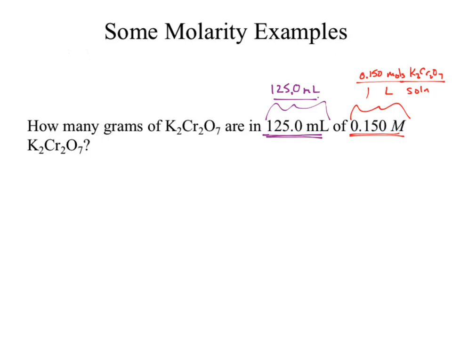What are we solving for? Grams of potassium dichromate. So in my setup, I want grams of potassium dichromate in my final answer. Right? Now I need to use some of my given information. Okay, well, what given information do I want to start with?